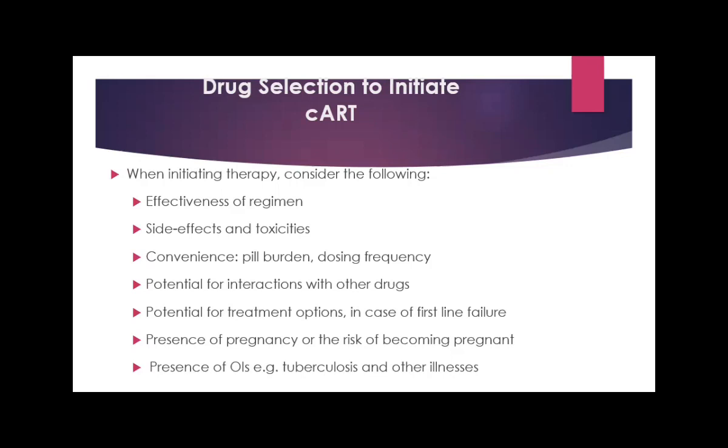Then the last one is the presence of opportunistic infections such as tuberculosis. The drugs that are given in tuberculosis may alter or reduce the dosage of some of these ART drugs. So therefore, we have to consider the presence of these drugs.